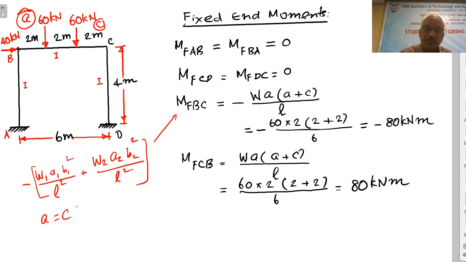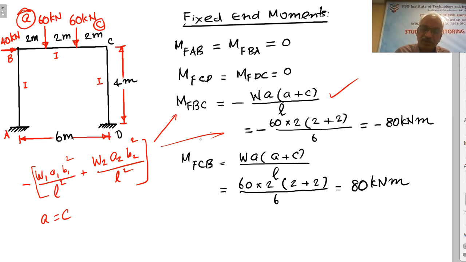Therefore, either we can use our old formula, or there is a formula for when both loads are equal and equally placed from the ends. In that case you can use the formula W A, where A is the distance of the load from end B and C is the distance of the load from end C, divided by L. Both will give you the same answer, which is minus 80 kilonewton meter.